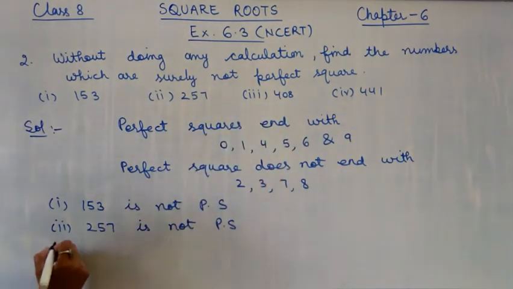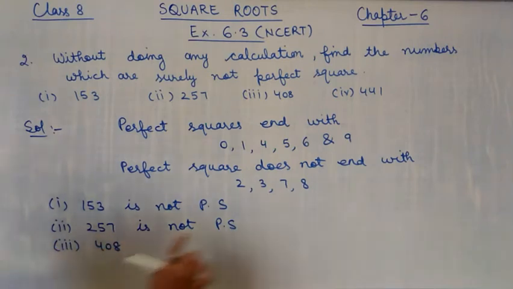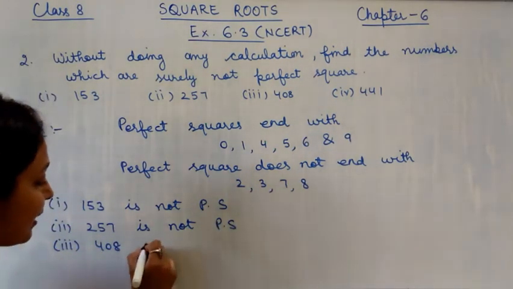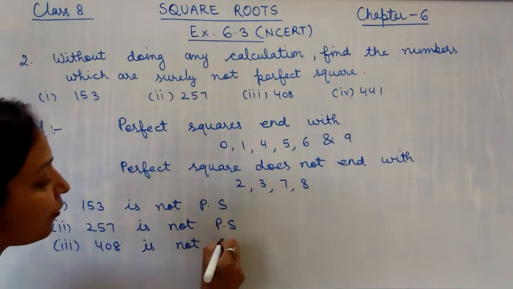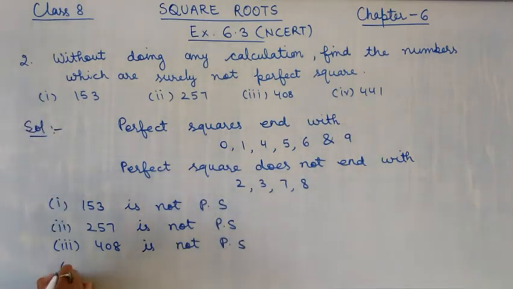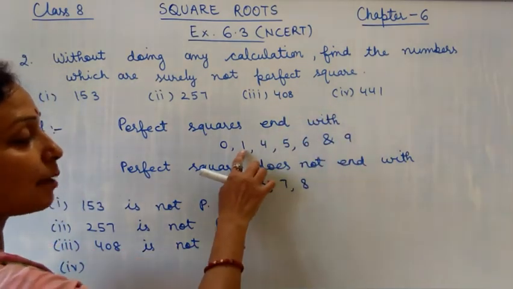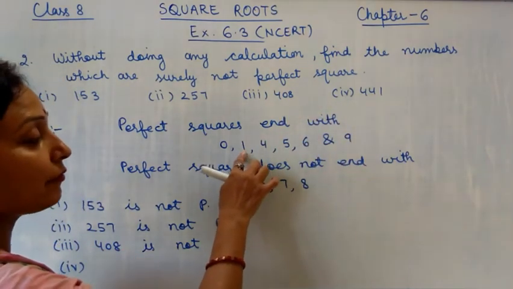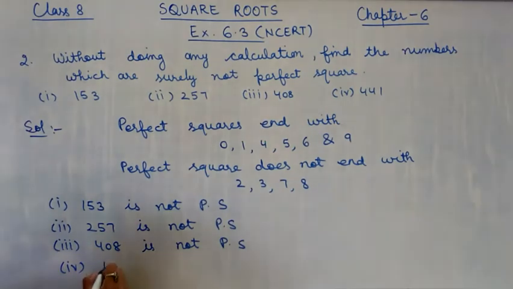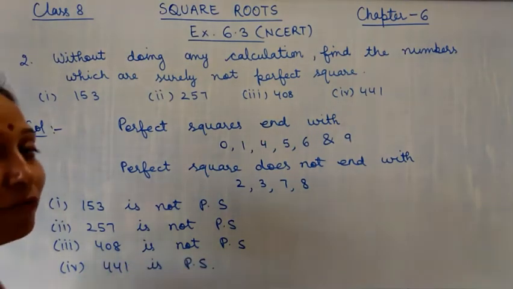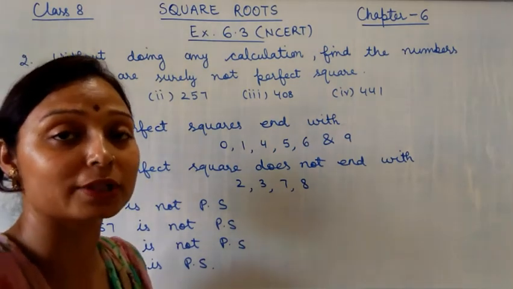Now third, 408 ends with 8, so it is not a perfect square. Now the fourth and last part is 441. Yes, it is a perfect square because a perfect square can end with 1. So 441 is a perfect square. This is the way to check the numbers without doing the calculation.